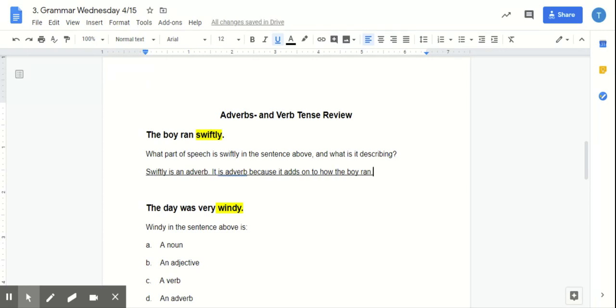So realize we are adding on to the verb ran with the adverb swiftly because it is describing how the boy ran. Okay, let's go on to the next one.